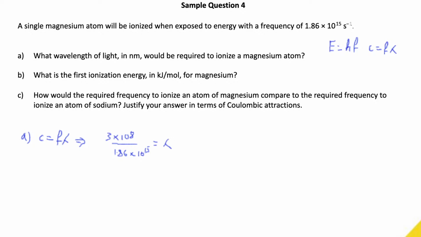Now you can go ahead and run these numbers through your calculator, and when you do that, you will get actually 1.16. Yeah, I can't even read my own handwriting.